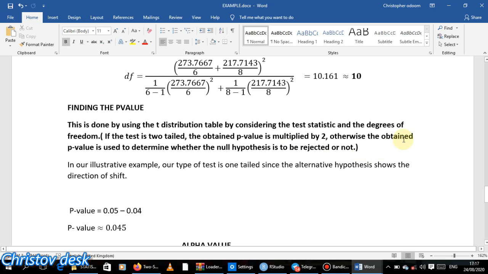Otherwise, the obtained p-value is used to determine whether the hypothesis is to be rejected or not. Remember that our example is just a typical one-tail test, so whatever we get is what we use. Now let me show you the distribution table.